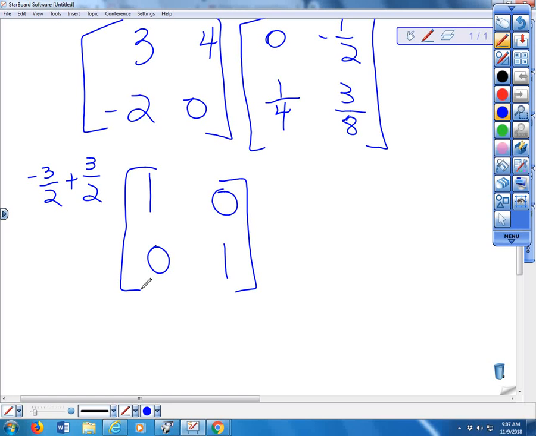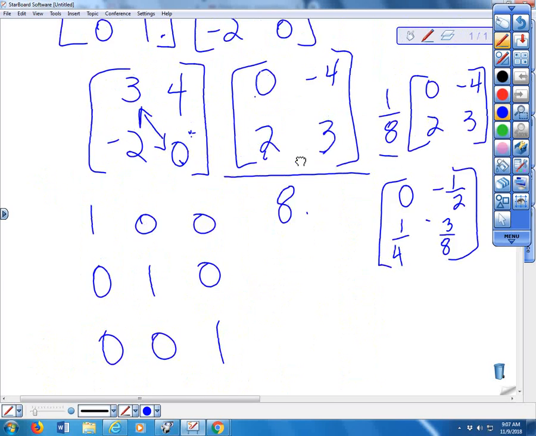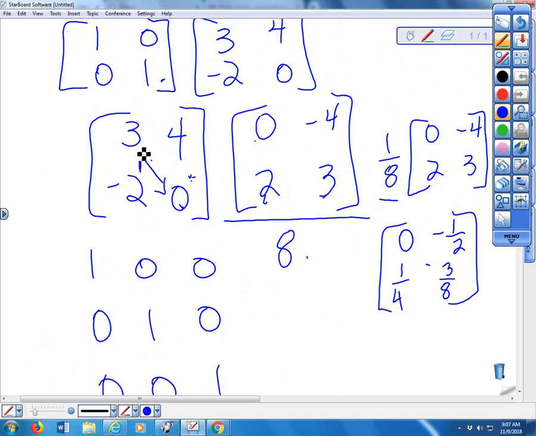Okay? So you need to know when you multiply any matrix by the identity matrix, you get the same matrix. If you multiply a matrix by its inverse, you get the identity matrix. To find the inverse of a matrix, again, switch these two.